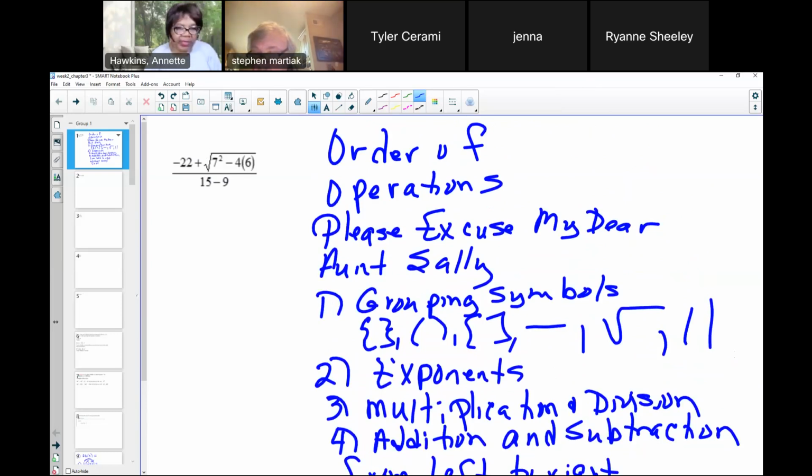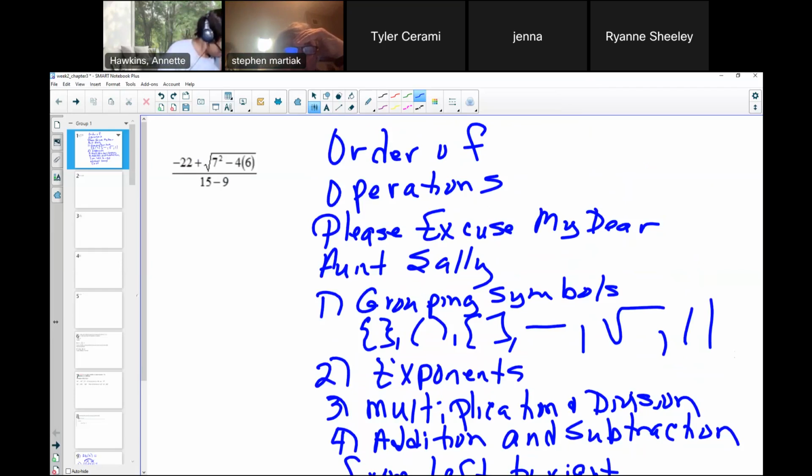Okay, so let's take a look at this problem. So let's look at the grouping symbols that we have. So we have a fraction bar and we have this square root symbol, but we cannot do the square root until we do what's beneath the square root.